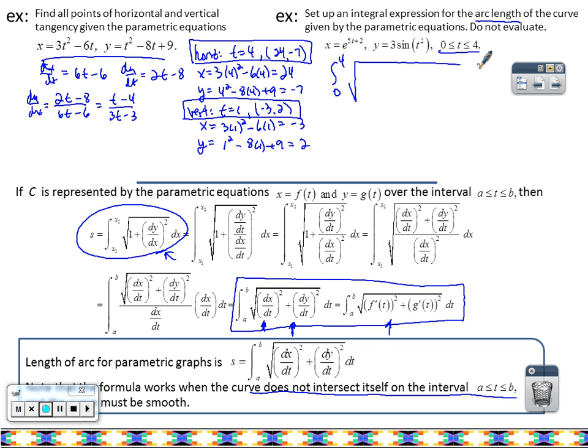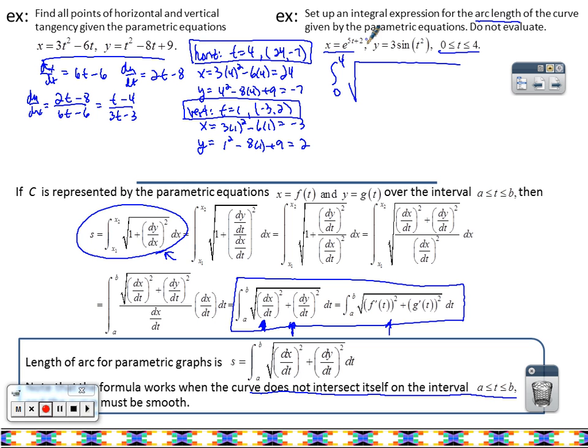Then I need to find dx/dt and dy/dt. So let's work on dx/dt first. The derivative of e to the box, or e to something, is e to the box times the derivative of the box, from back in the day when all we had to worry about was derivatives.